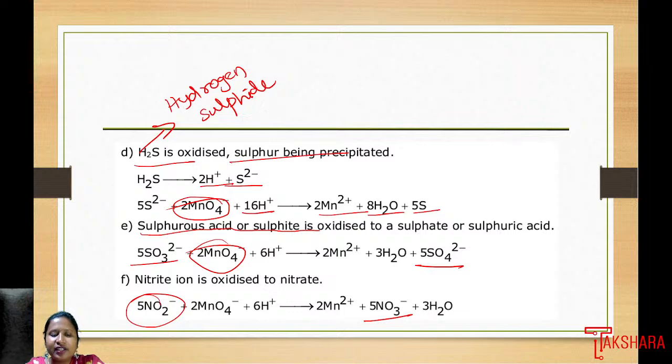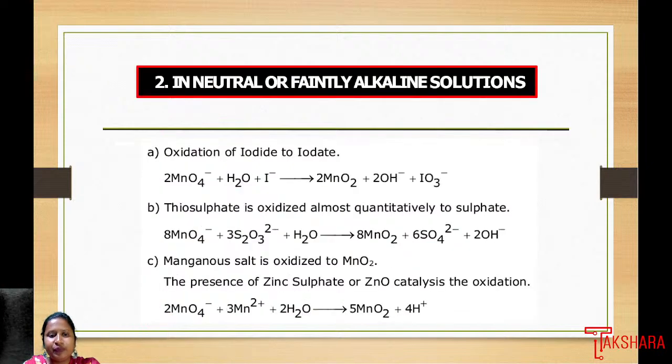In the presence of acidic medium and the oxidizing agent MnO4 minus, we get Mn2 plus and nitrate ion. This is how oxidation takes place in the presence of the oxidizing agent potassium permanganate in acidic solution or acidic medium.